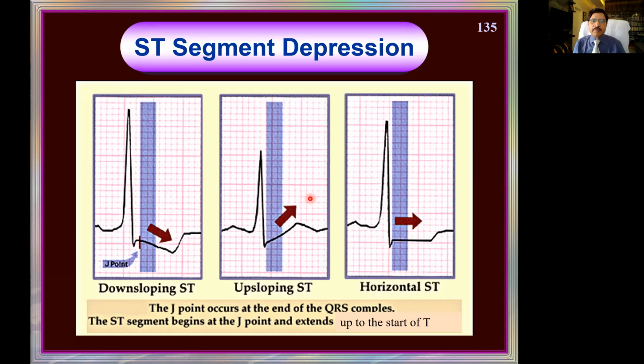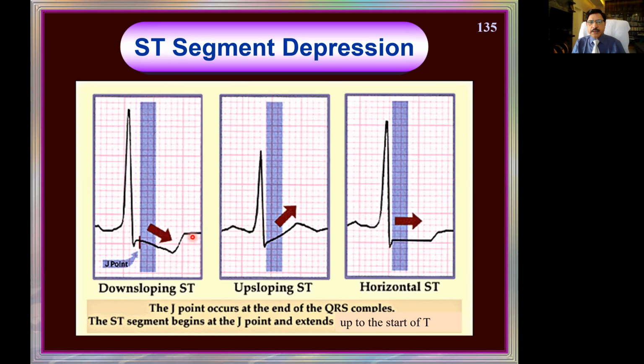So you have to have either a horizontal depression or a downsloping depression. And that point is called the J point, the junction point of QRS and the ST segment. Always this is in reference to the baseline. So this is the baseline there, the TP segment and the PR segment.